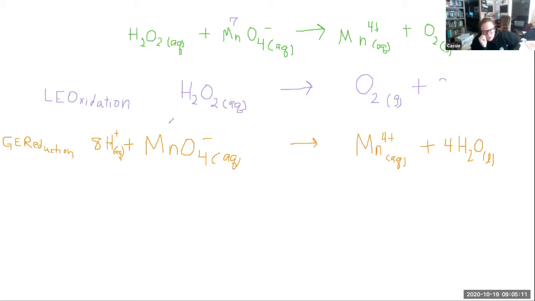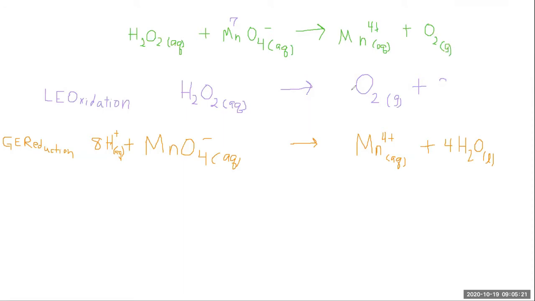Because we just need the hydrogens balanced now, right? Aren't the oxygens balanced? You only add water to balance out your oxygen. Okay, my oxygen's balanced up here, 2 and 2. So you would add 2 H ions.